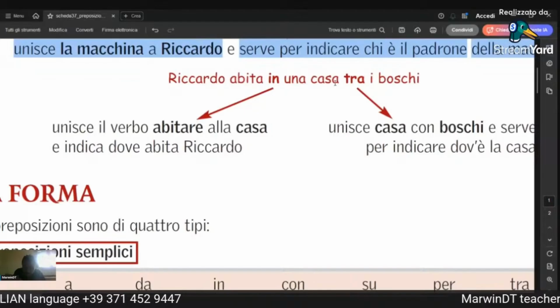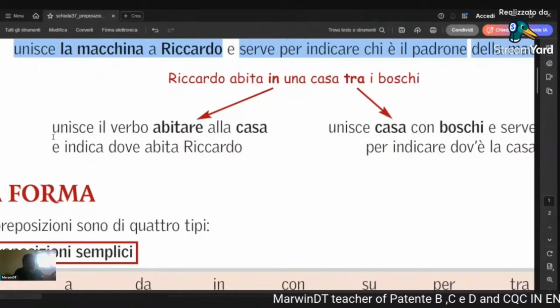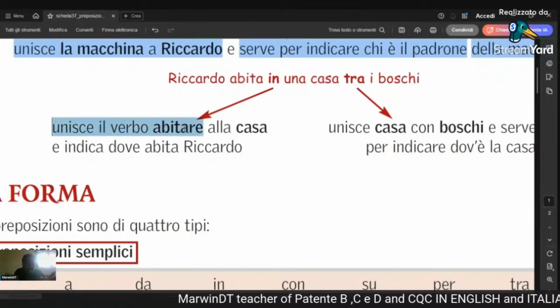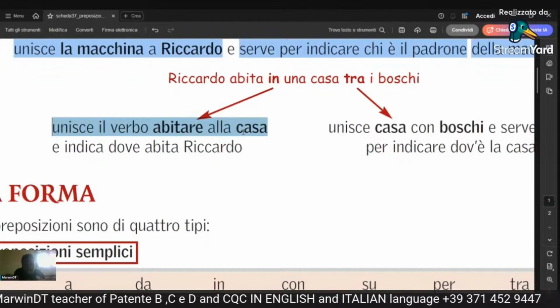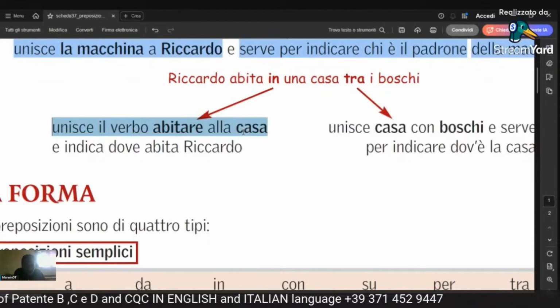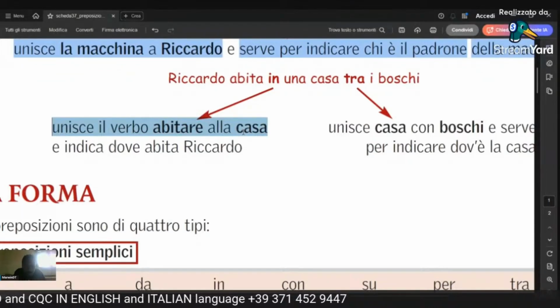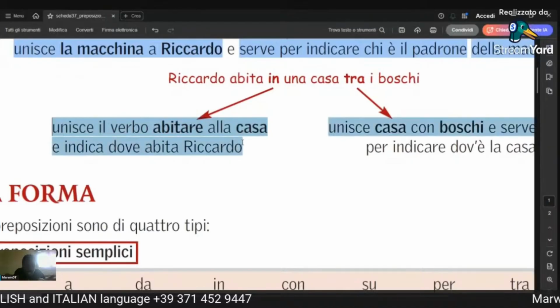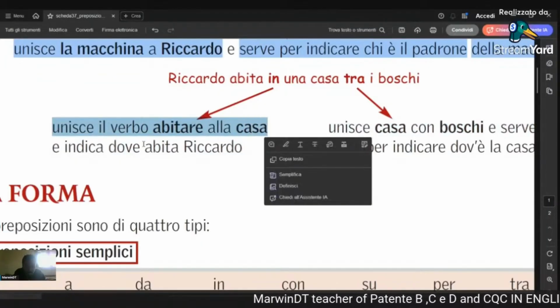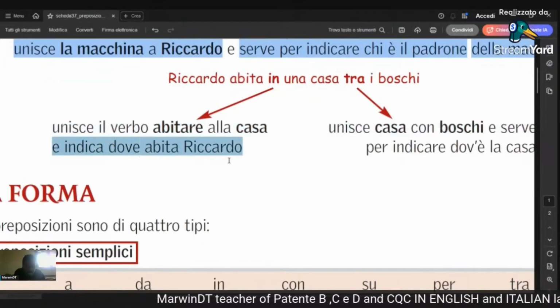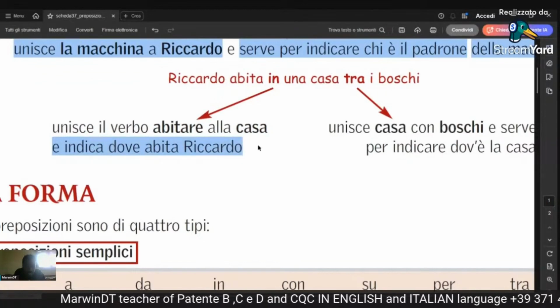Now it's explaining: unisce il verbo abitare alla casa. So it unites the verb living with the house, and indica dove Riccardo abita.